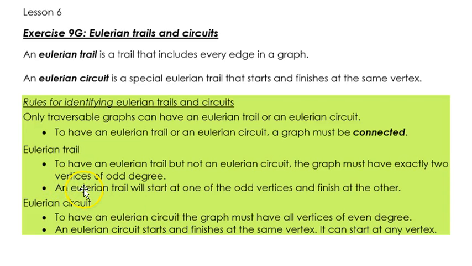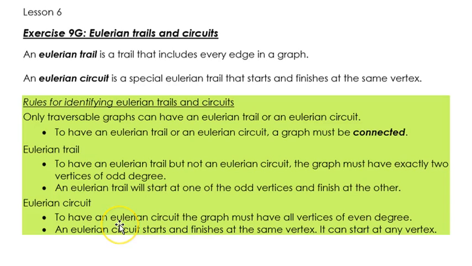And a really important thing to remember is it has to start at one odd vertex and it will finish at the other. Do not try and start an Euler trail at an even vertex, because you're just going to run into some frustration there.